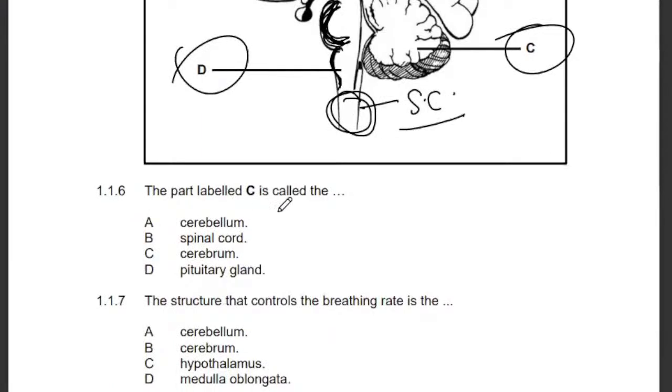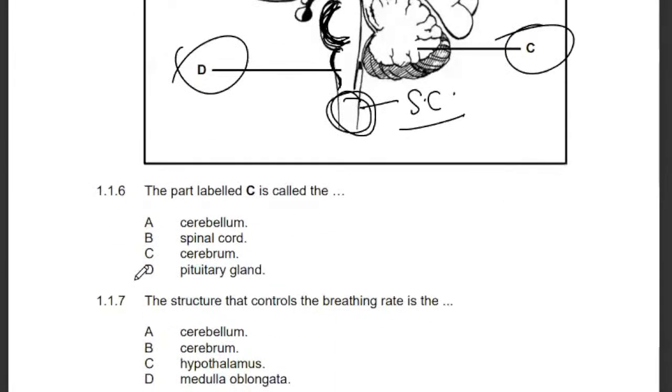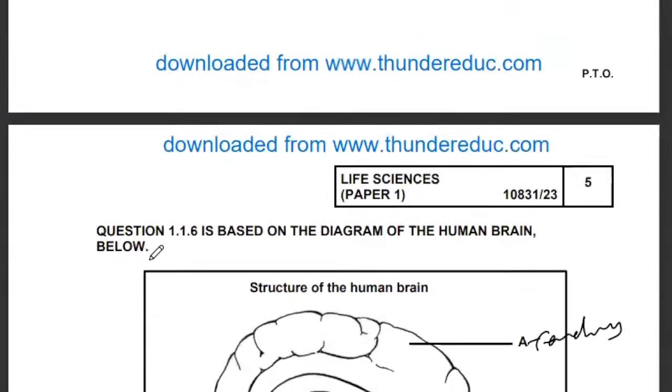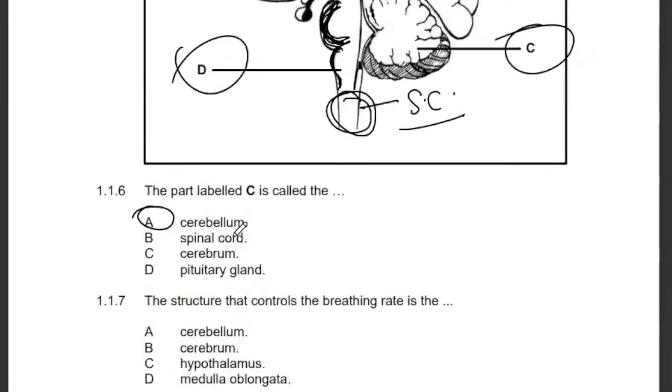The part that is labeled C is called the cerebellum. And then the structure that controls breathing. Breathing is controlled by the medulla oblongata. Why?